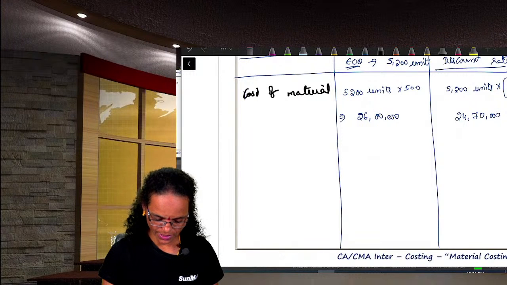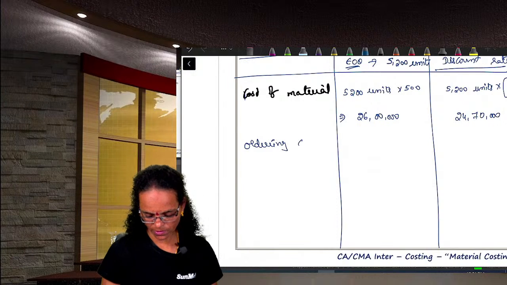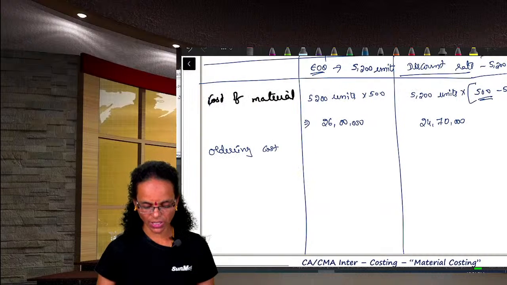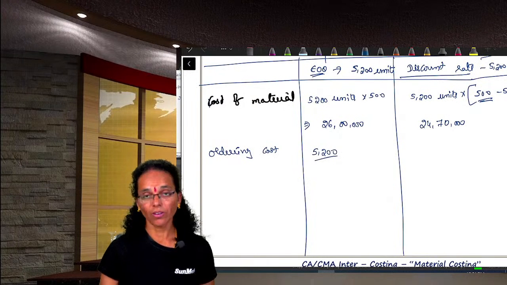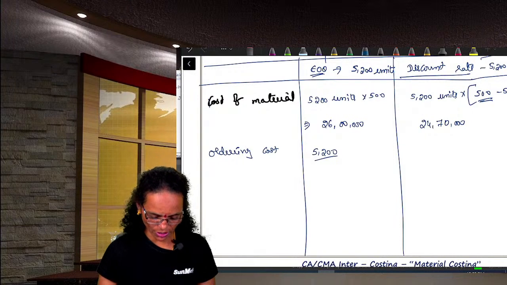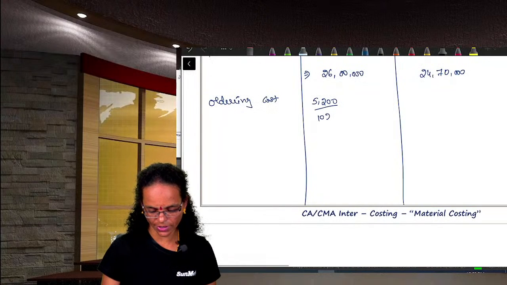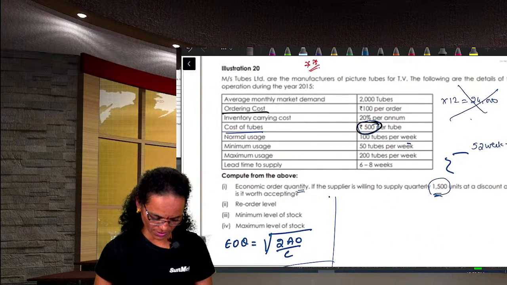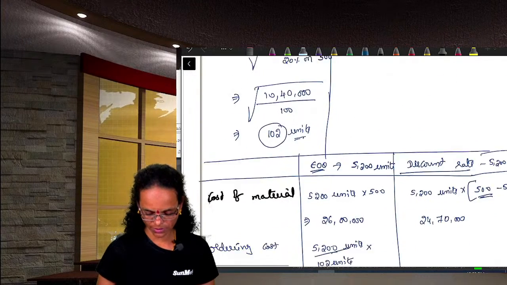Next, ordering cost. In economic order quantity, how many times are we placing an order? Our annual demand is 5200 units. In a single order, we are placing an order for 102 units, the economic order quantity, and ordering cost is 100 rupees per order.